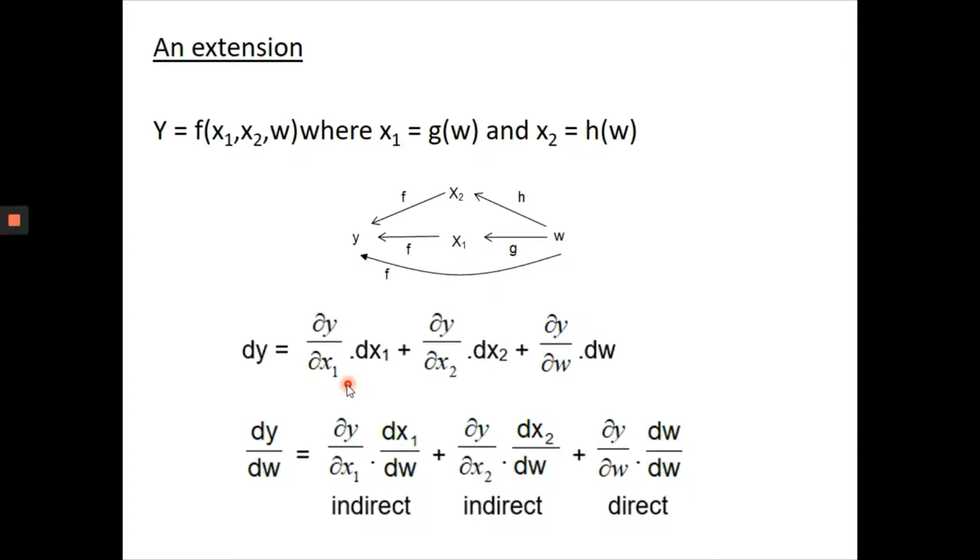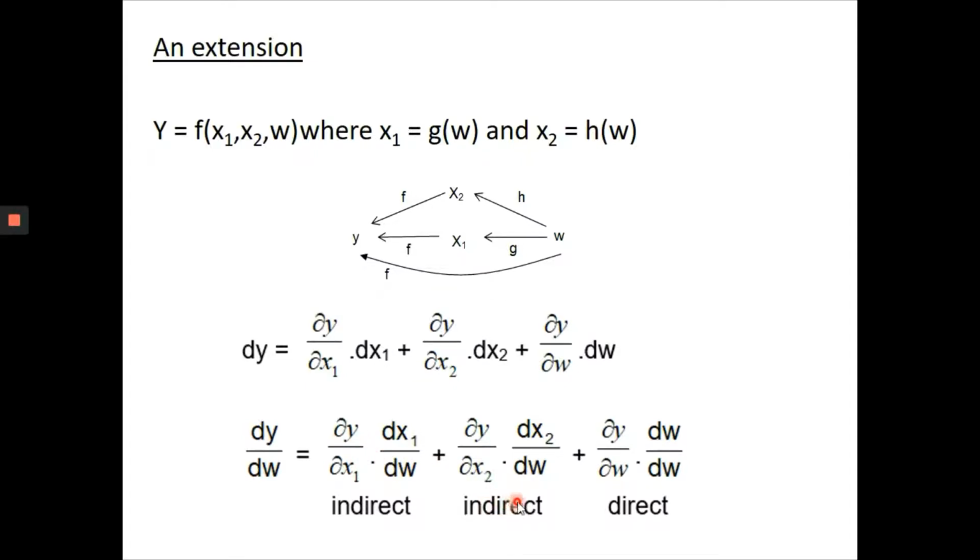And in this case, it's going to be dividing through by dw, because as we said, w is what's impacting on y. So we divide through by dw, and here we have the total derivative of y with respect to w, and dividing each of these terms now by dw, we end up with this indirect effect, which is showing how w indirectly affects y through x1.